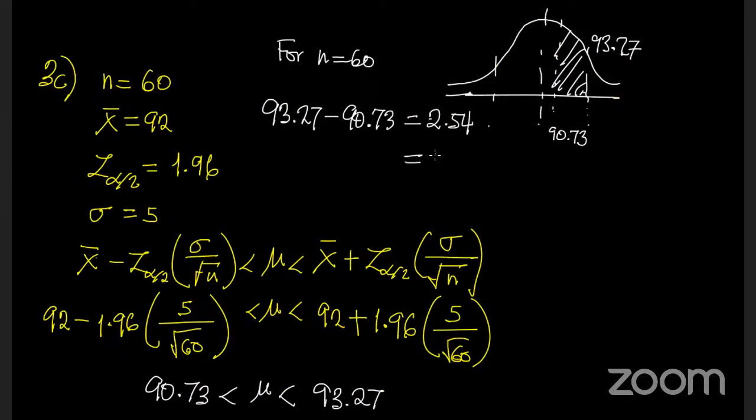So for the first one it is 3.32. That means the interval for n equal to 60 is smaller than the interval for n equal to 35.